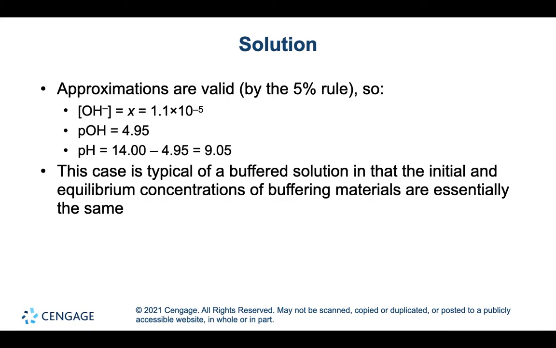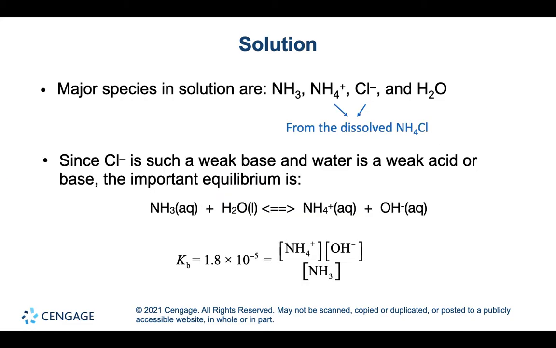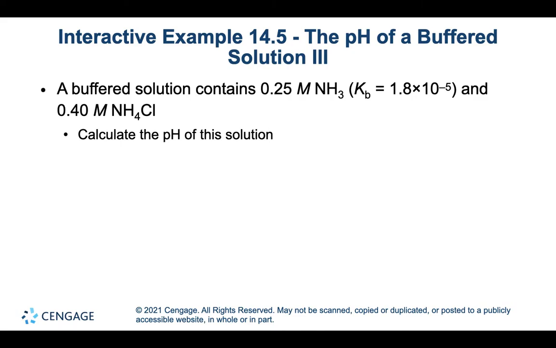Now, something they didn't do is they could have used the Henderson-Hasselbalch. Let's back up and talk about how we would have used the Henderson-Hasselbalch on this one. We have the molarity of the base, 0.25. We have the molarity of the weak acid, 0.40. We have the Kb.